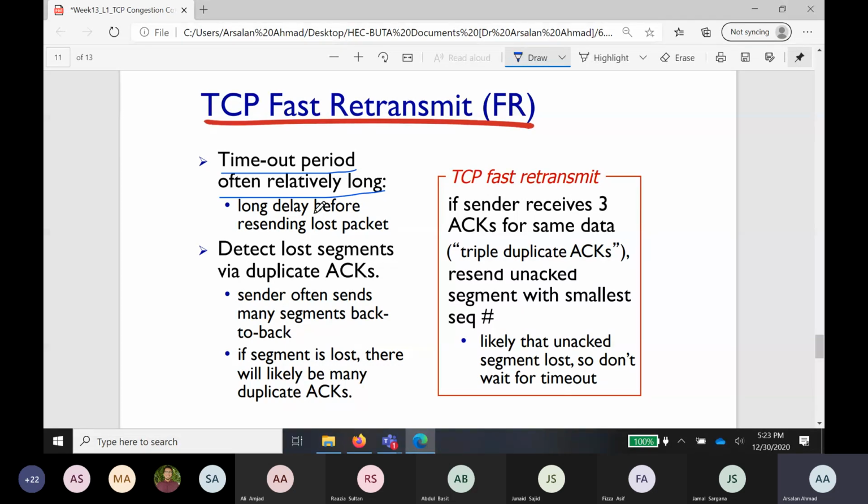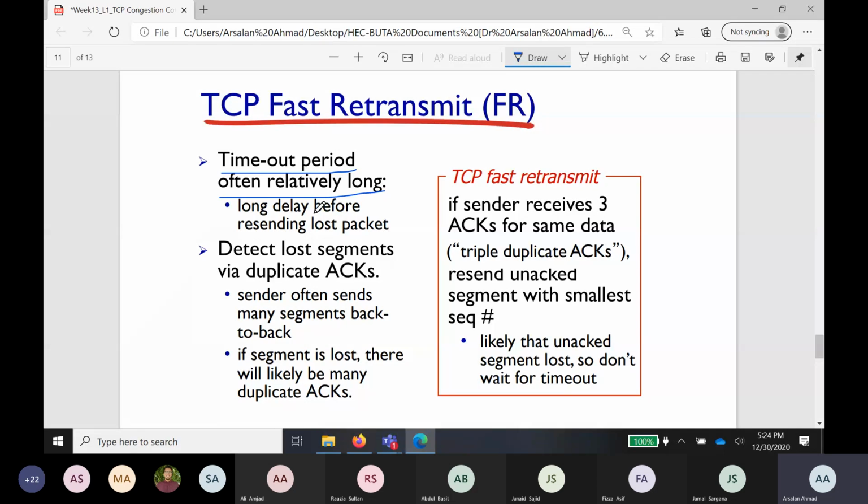So the technique that it is trying to adopt here is that, generally, yes, we want the timeout to be very close to the RTT plus some margin. We had already studied that topic, but still that timeout is a relatively long duration before we declare that a particular segment is lost.